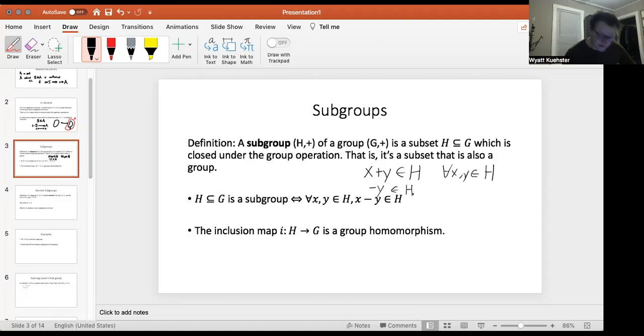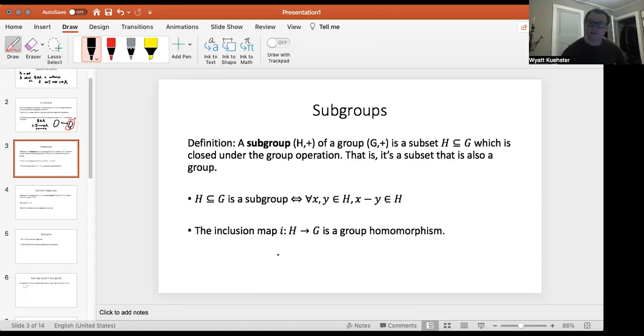If our operation is addition, then I'll write the inverse of y as minus y. Minus y is in H for all y in H. And we can compactify these two conditions by just demanding that x minus y is in H for all x, y in H. That's a criterion that you can use to determine whether something is a subgroup. And then the inclusion map of sets from H to G becomes a group homomorphism.